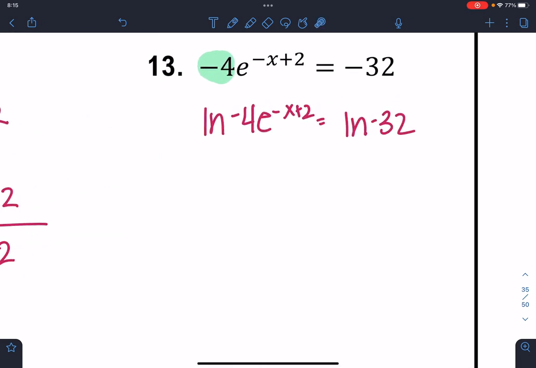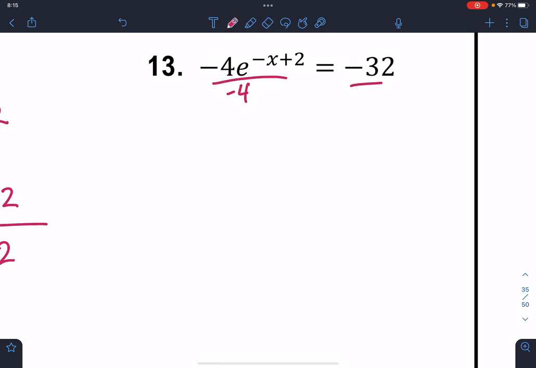First, this negative 4 will not cancel out because it's negative 4 times e. You can do the math there: 2.178 times 4, that's going to be 8 point some decimals, right? That's not going to cancel out with base e. So that's already problem number 1. We also can't take the log of a negative number. So we can't do that. So what can we do?